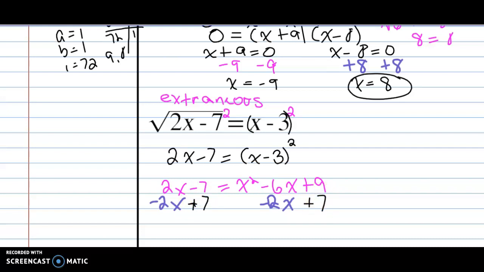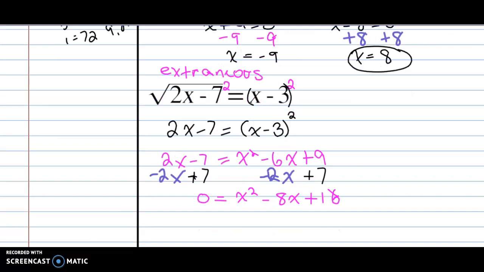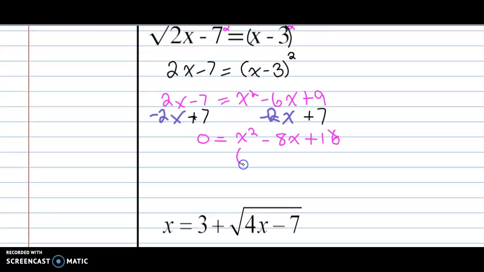So then we have 0 is equal to x squared minus 8x plus 16. So if we factor this out, we will find that we have x minus 4, and that's a square.